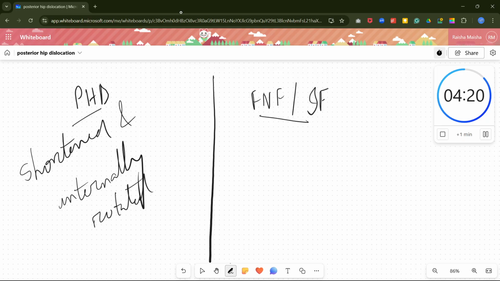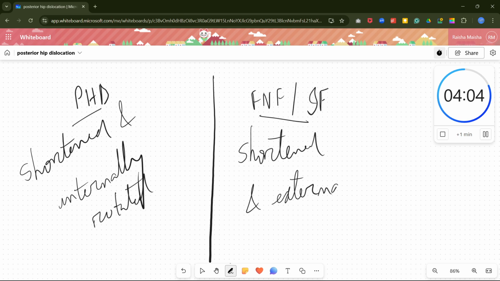But in femoral neck fracture or intertrochanteric fracture, the limb is again shortened, but in this case it is externally rotated.